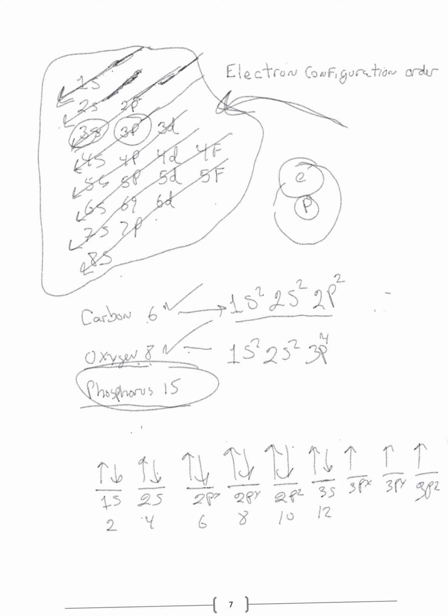Now the phosphorus, I'm going to put 1s2, 2s2, 3p6, because I can fill that one. So I got 10. I need to represent 5 more. And we saw down here in our electron configuration that after we fill the 3p, and sorry, I should have said 2p.